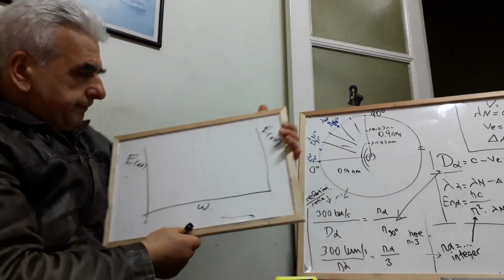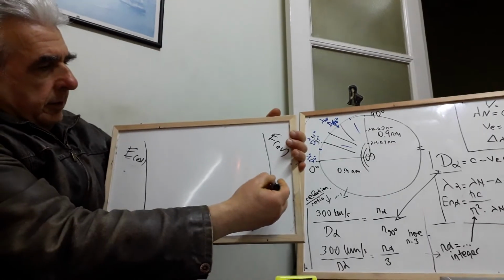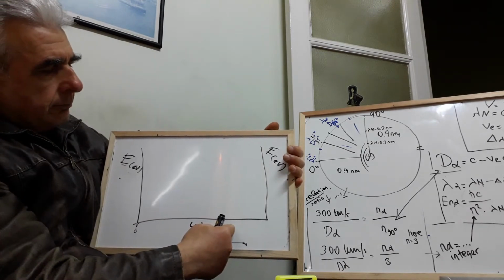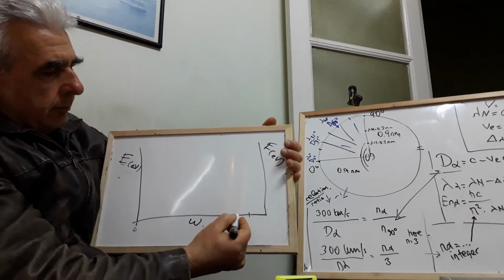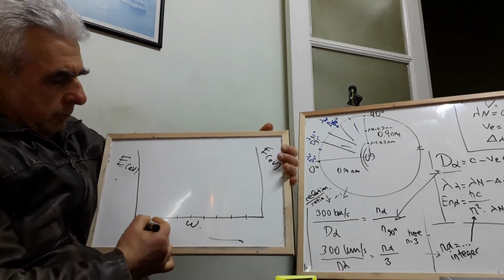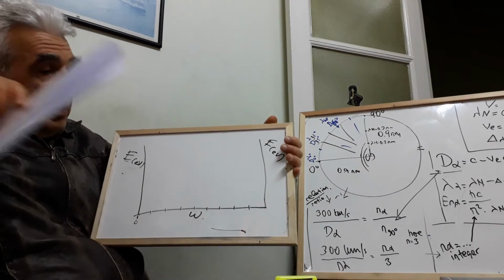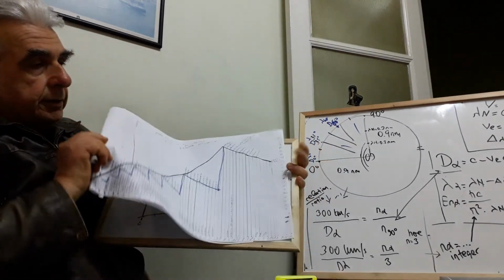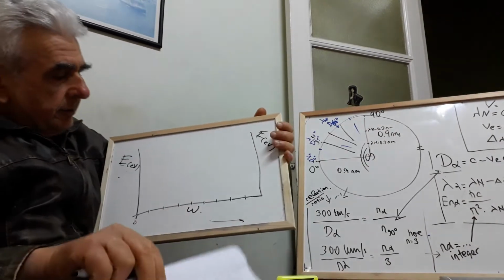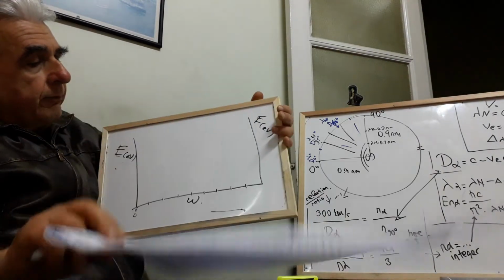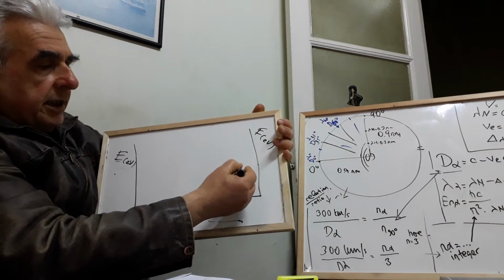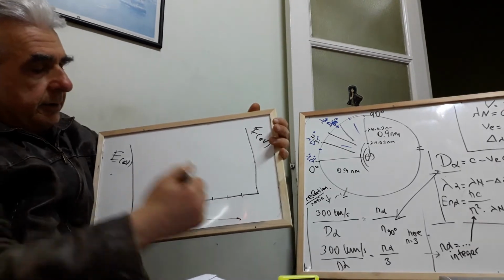Different formulas. I computed by my formulas the wavelengths and energies for each degree, and I plotted like this.